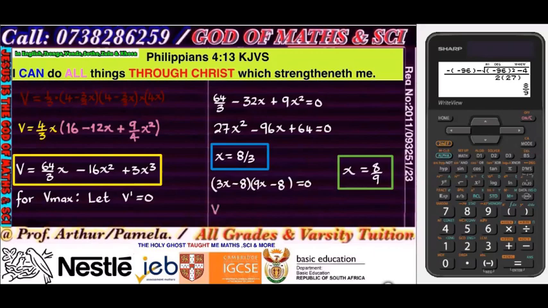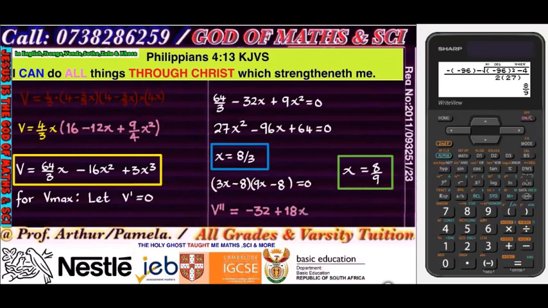So v prime prime. I'm moving from the cubic parabola to a straight line, so I'm looking at the one right at the top here, the white one. That term goes, so I'm left with negative 32 plus 18x.